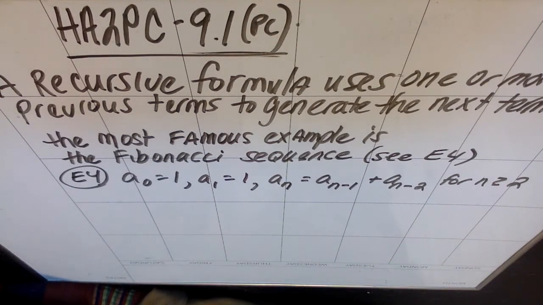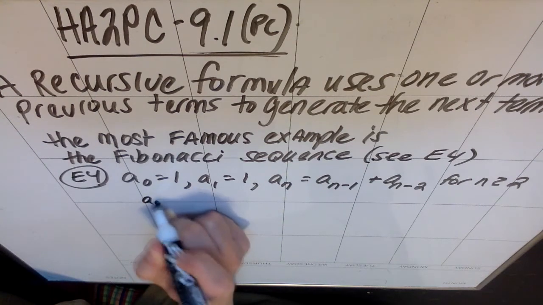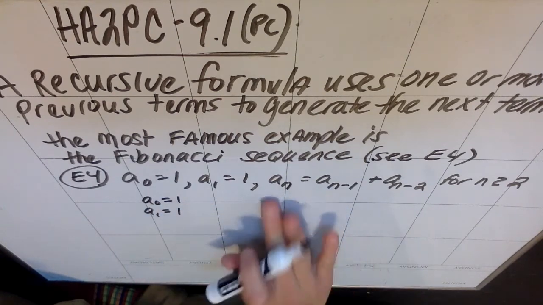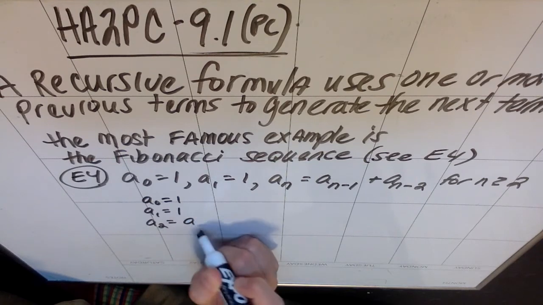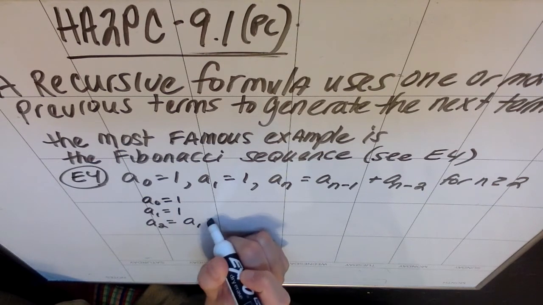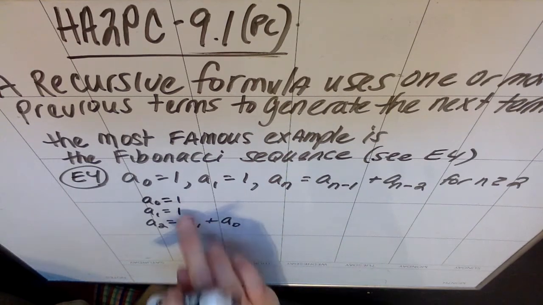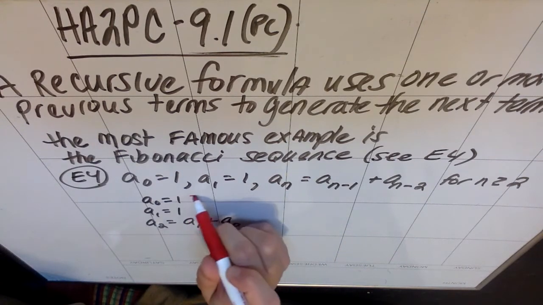So here's how it looks. We know that a sub 0 was 1, and a sub 1 is 1. But based on this rule, a sub 2 should be a sub 2 minus 1, which is a 1, plus a sub 2 minus 2, which is a 0. Well, that's just these two terms. So this next term is just the sum of these two.